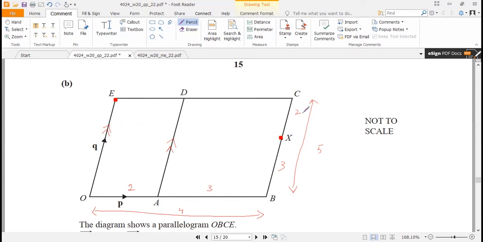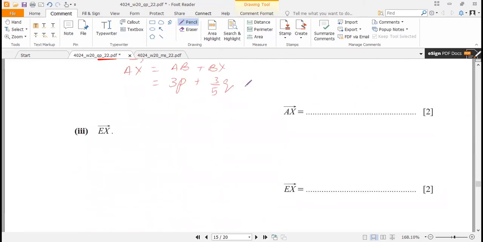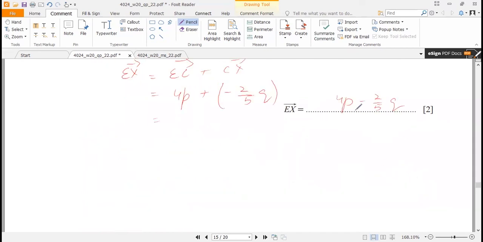CX will be equal to minus 2 upon 5 of Q. So EX will be equal to EC plus CX, the value of EC is 4P, plus CX, which is negative 2 upon 5 of Q. So it will be 4P minus 2 upon 5 of Q.